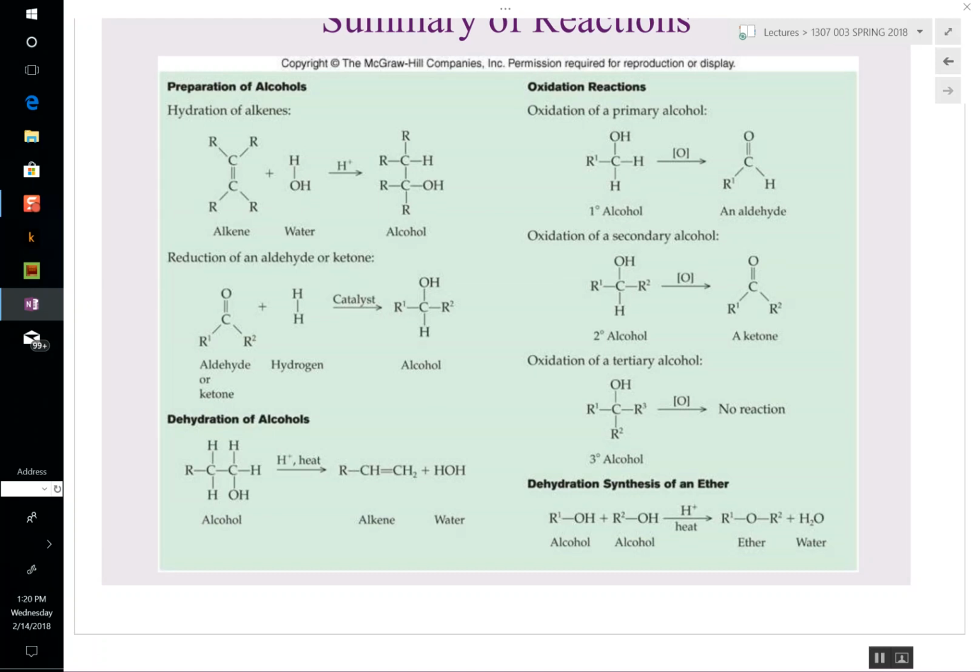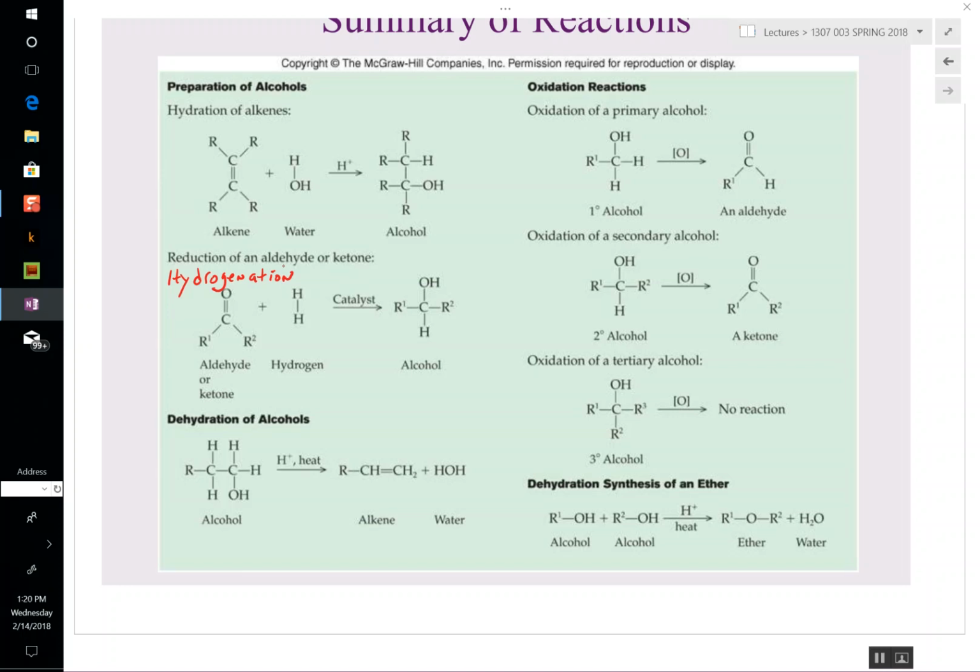Remember that reduction is hydrogenation. Those are synonymous. Do you remember reduction is the addition of hydrogen or the loss of oxygen? So hydrogenation is the addition of hydrogen. So hydrogenation and reduction are synonyms, basically.